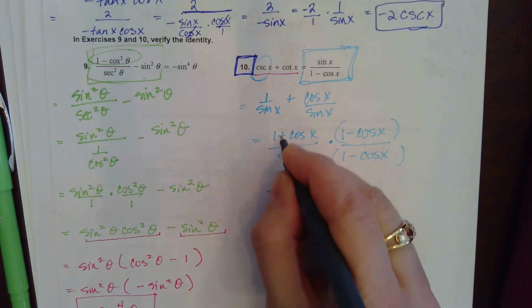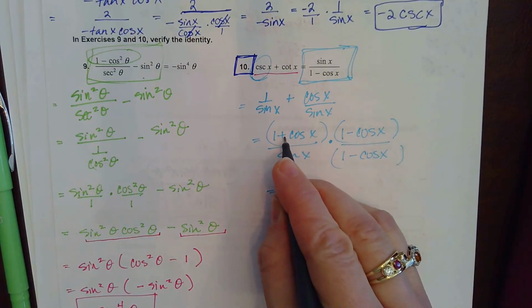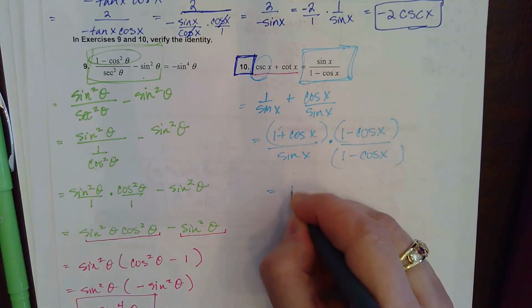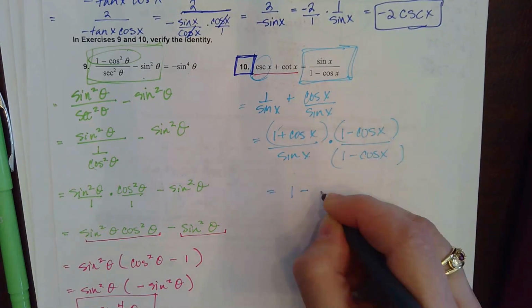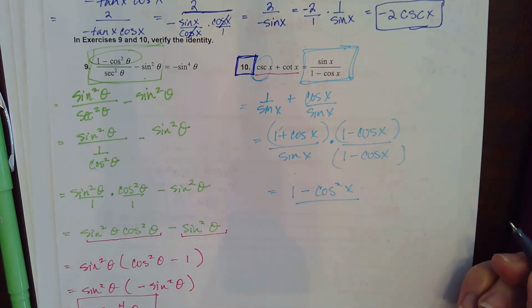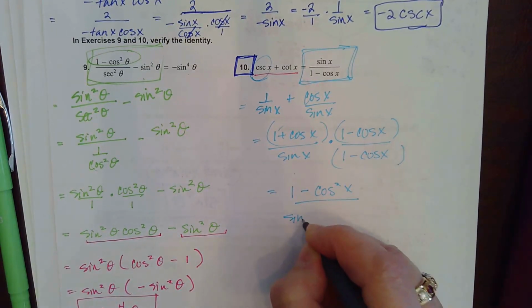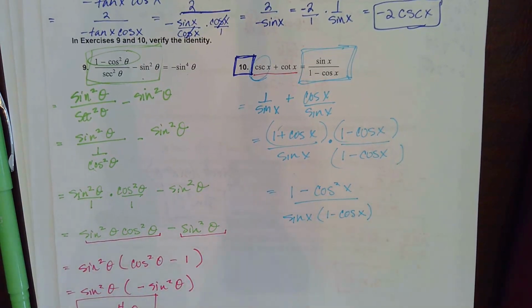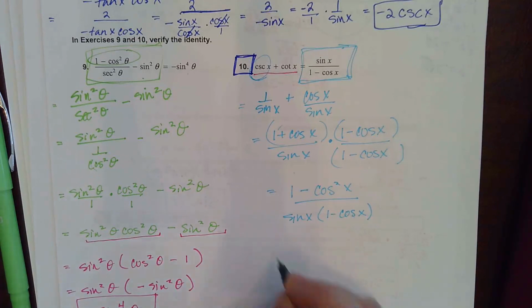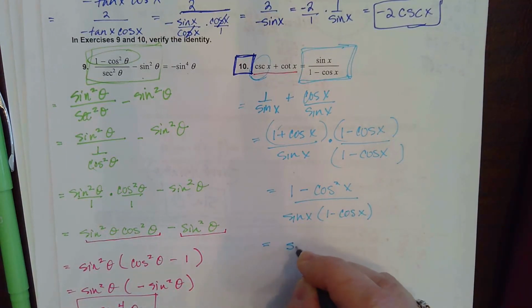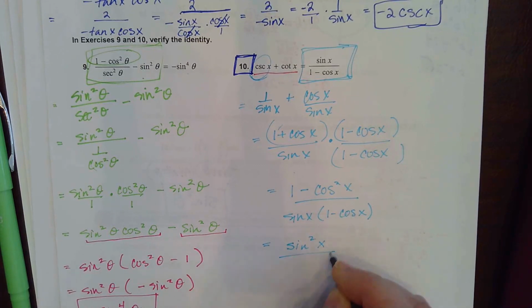Anytime you have a binomial where one parenthesis is positive and one's negative, that's the difference of two squares. You get 1 squared minus cosine squared x. On the bottom, I'm going to get sine of x times 1 minus cosine of x. Okay, 1 minus cosine squared of x is sine squared of x.